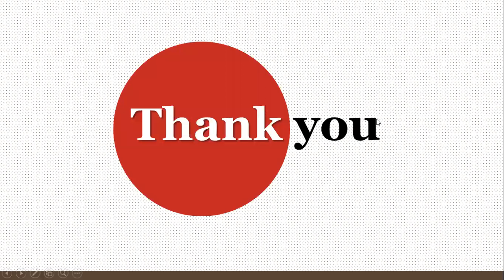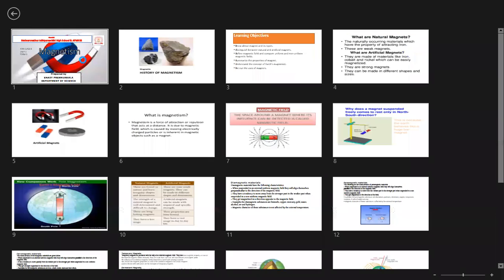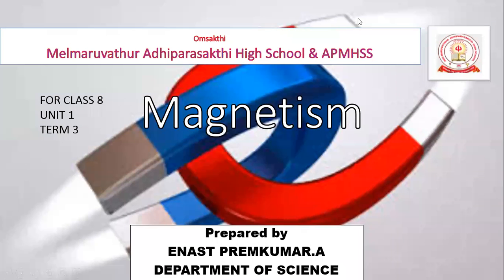Okay, what have we learned in the class? About magnets. We have learned about magnetism. Magnets, one by one. Magnets could be divided into two types: natural magnets and artificial magnets. Good, very good, Manisha. What about others? Differentiate between natural and artificial magnets.